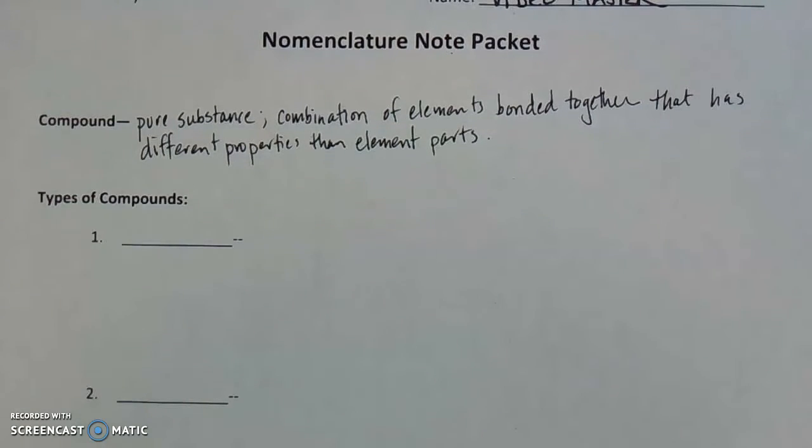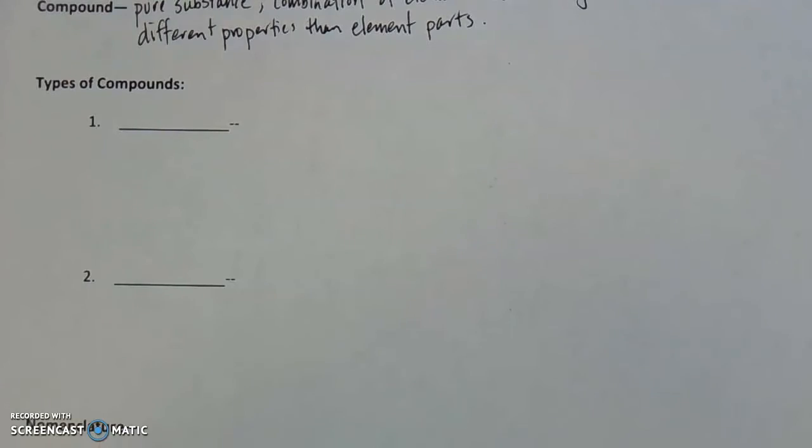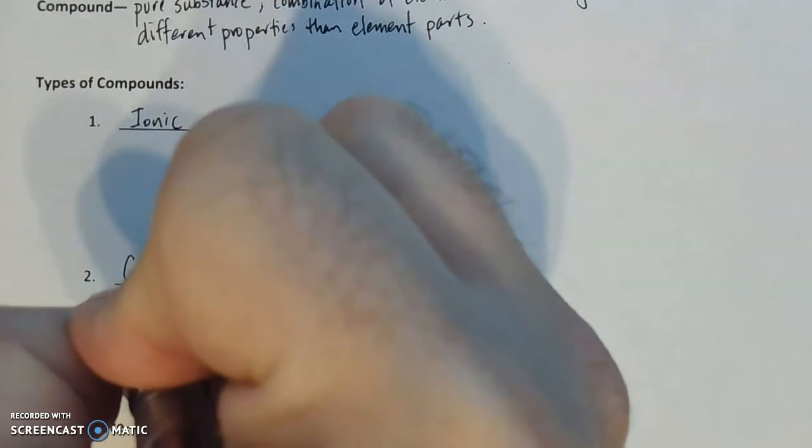So we're going to divide compounds into two major categories when we go to do nomenclature. And these are the same categories we talked about in bonding: ionic and covalent. So in an ionic compound, we have ions that form the compound.